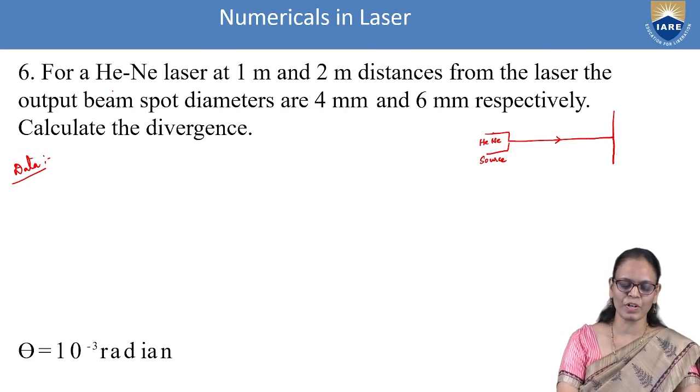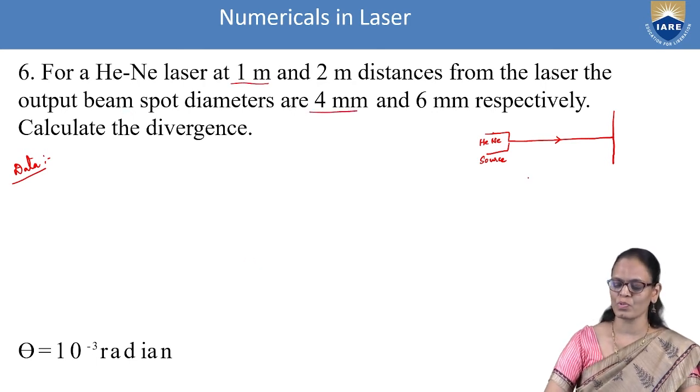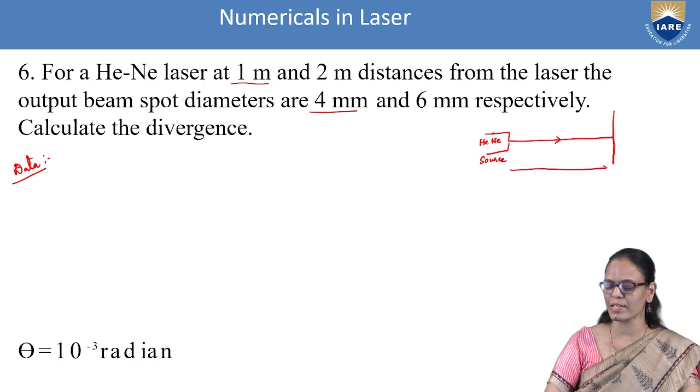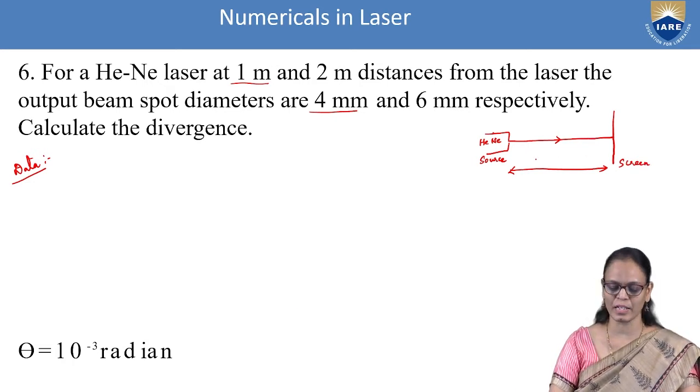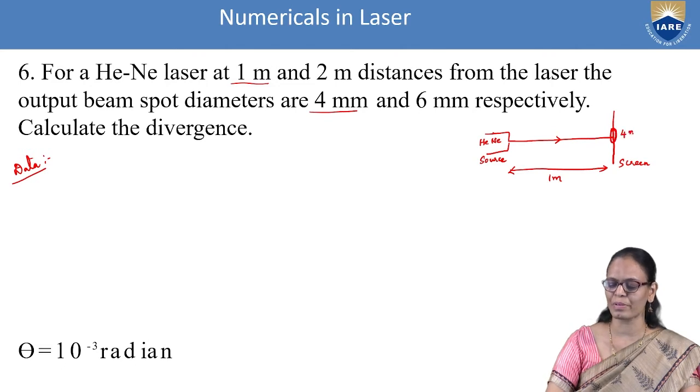What is given for a helium neon laser at 1 meter distance? The spot diameter will be 4. The distance between the source and the screen here is 1 meter, so the diameter of the spot that is formed is 4 millimeters.